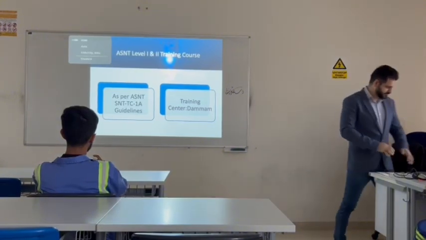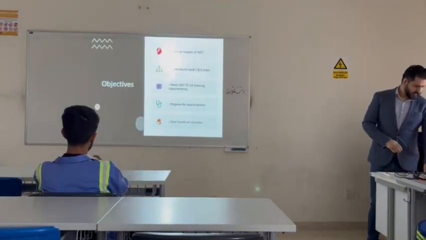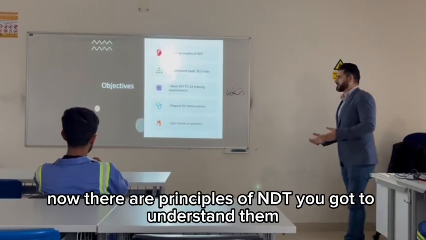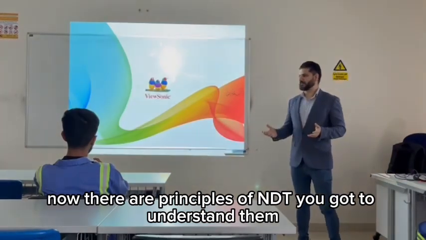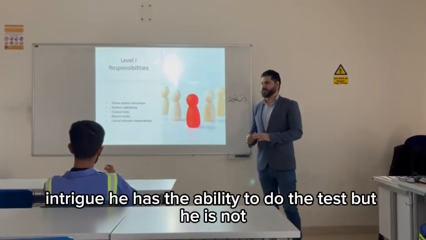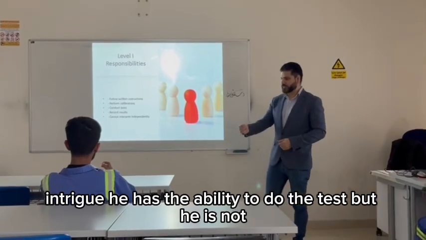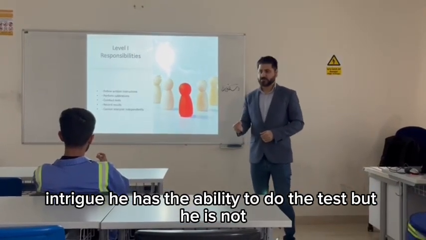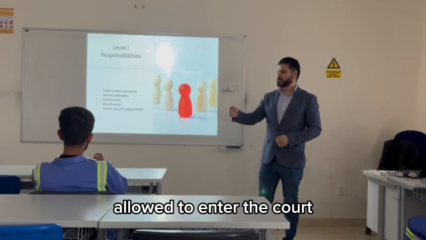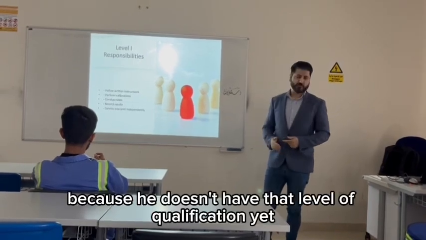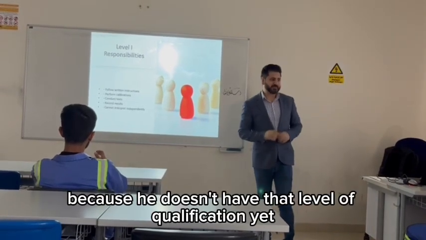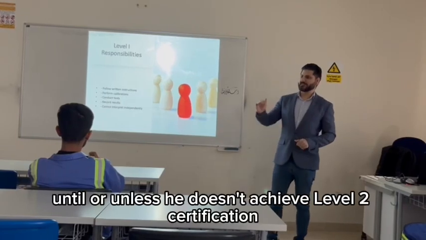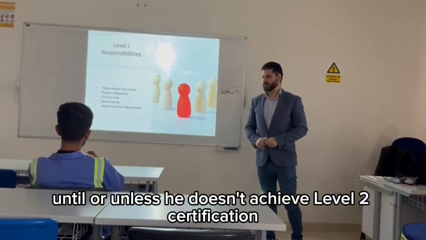So now there are principles of NDT. You've got to understand that. The entry guy has the ability to do the test, but he is not allowed to interpret the report because he doesn't have that level of qualification yet, until he achieves level 2 certification.